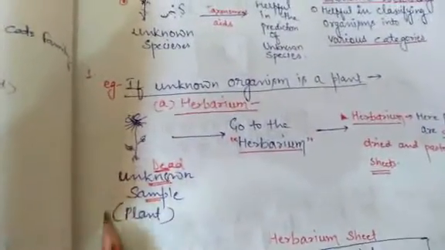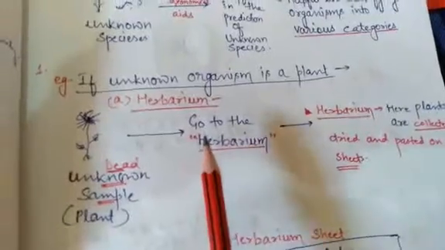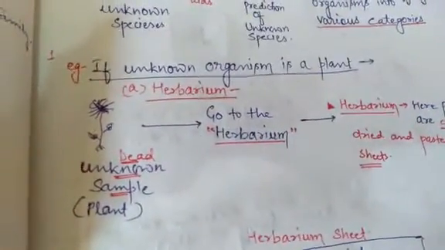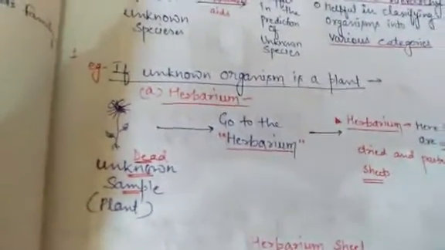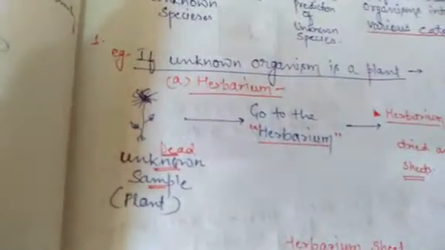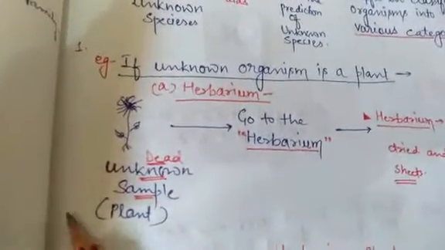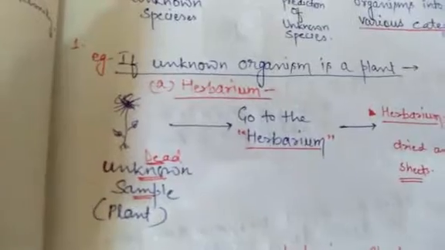So if an unknown sample is there, just go to the herbarium and match it with the various plants on the basis of morphological features. Suppose we find a plant which is very similar to our unknown plant. So we can predict about this unknown sample on the basis of the known samples present in the herbarium.